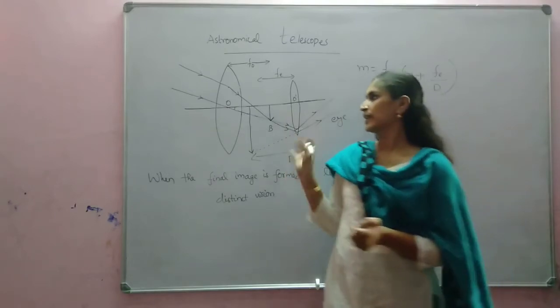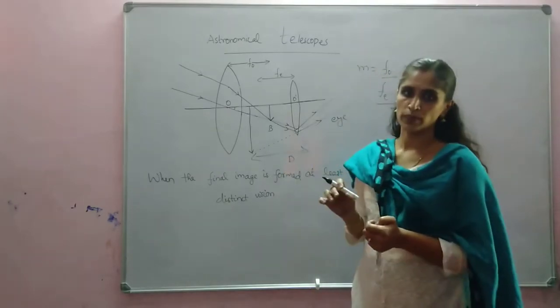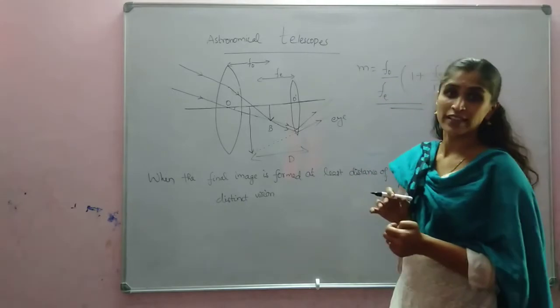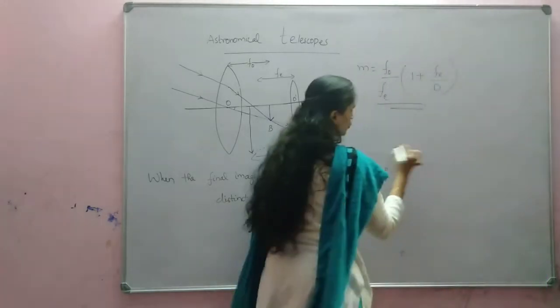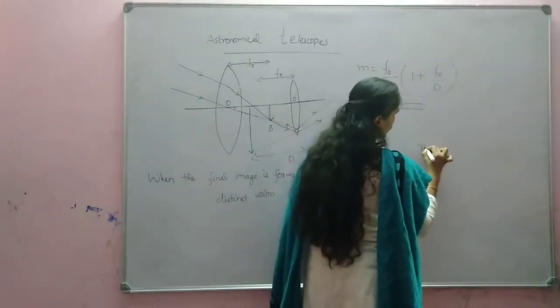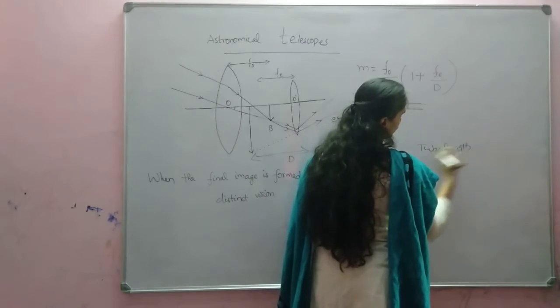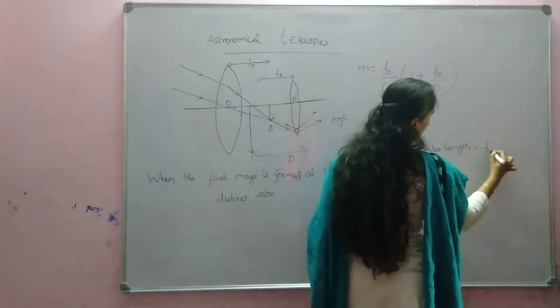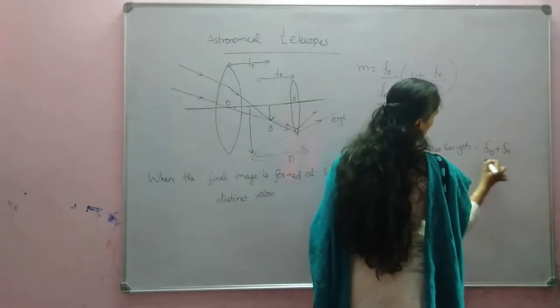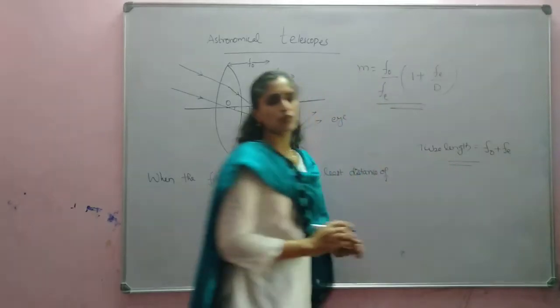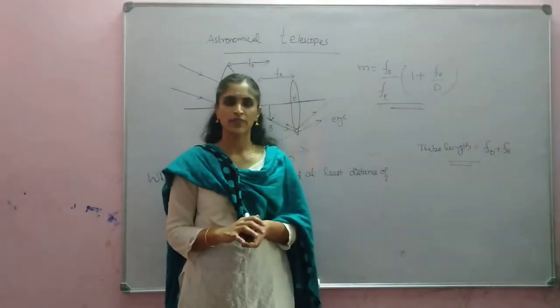In the case of a telescope, we will define one more thing, known as tube length. Tube length, the length of the telescope, is equal to Fo plus Fe.